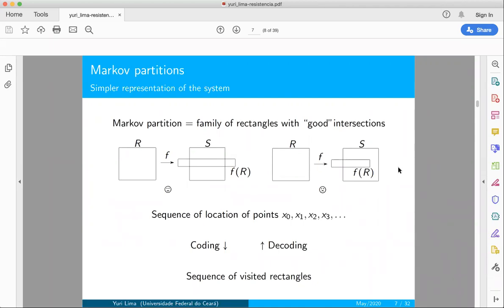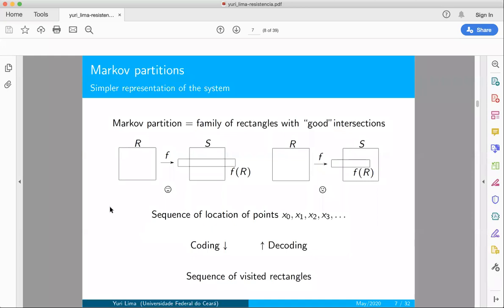I mean that if you give me the sequence of visited rectangles, then I will be able to recover the original sequence of locations of points. This is reasonable because instead of prescribing exactly what the point x0 is, exactly what the point x1 is, exactly what the point x2 is, you can just describe this trajectory by means of a sequence of symbols, which is exactly the sequence of rectangles that you are visiting.